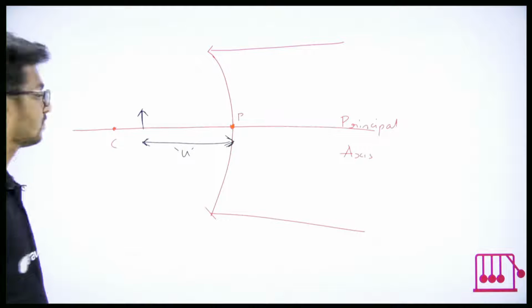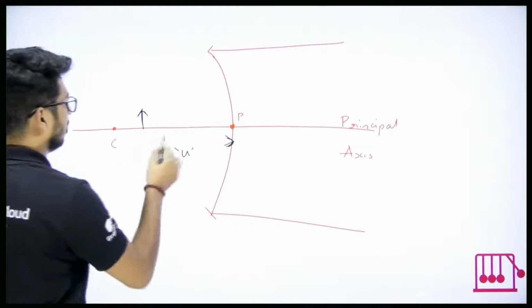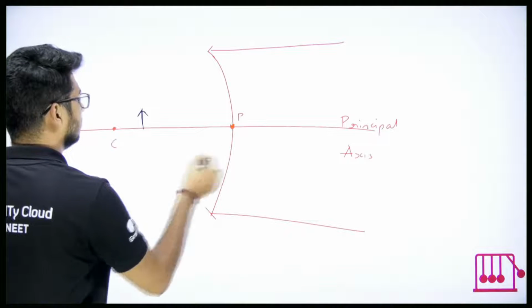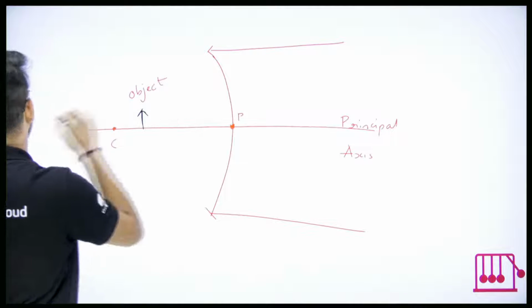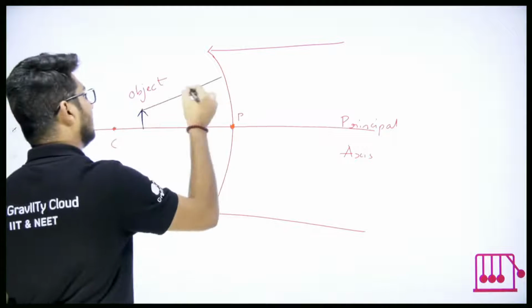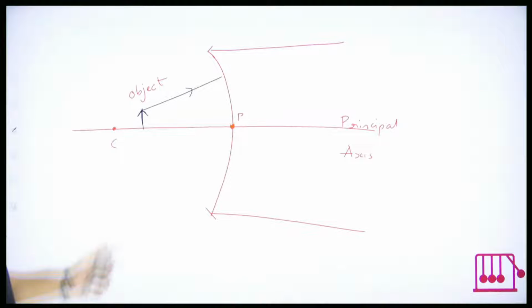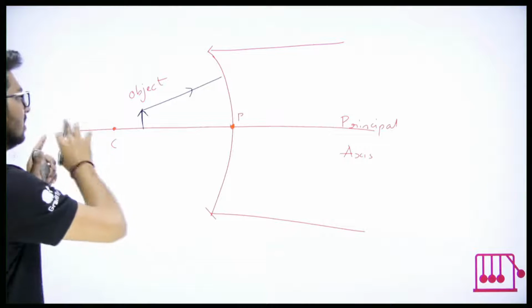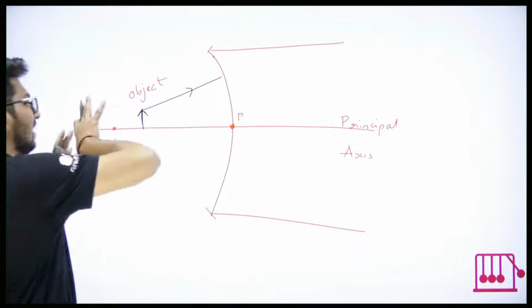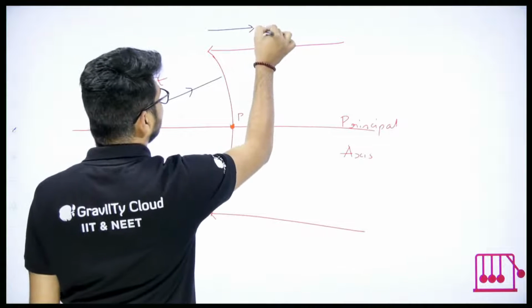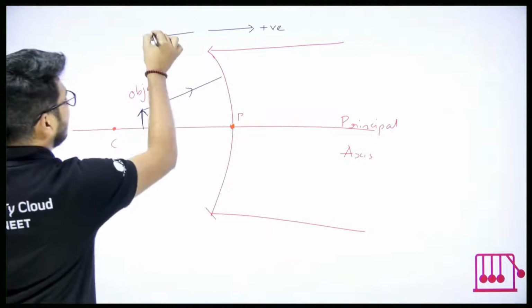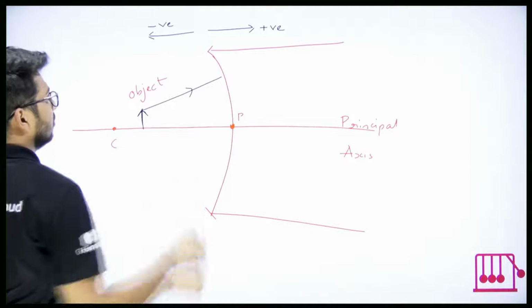Here we have the object. Let's say this is the object. From the object, the rays will be something like this. This is the incident ray. Along the principal axis, the incident ray is towards right. So the direction of the incident ray is positive and the opposite direction is negative.